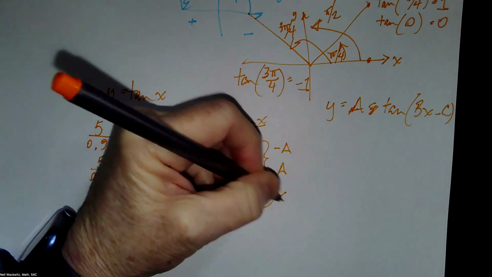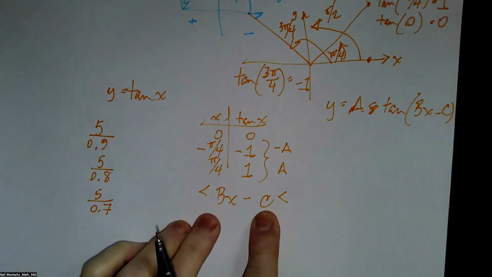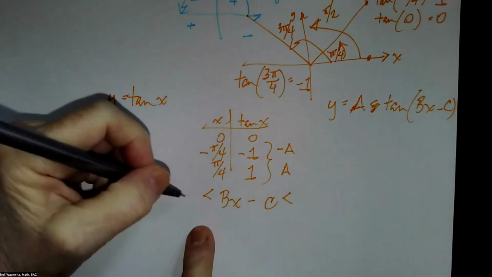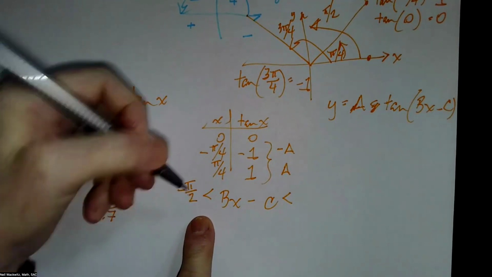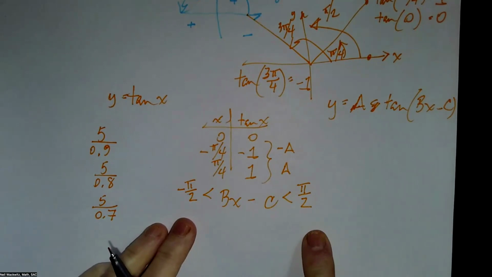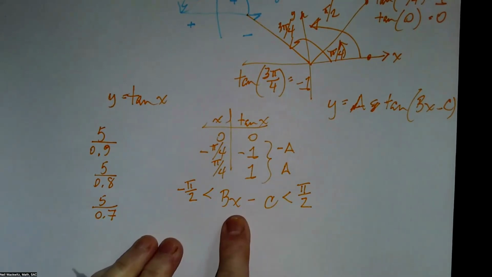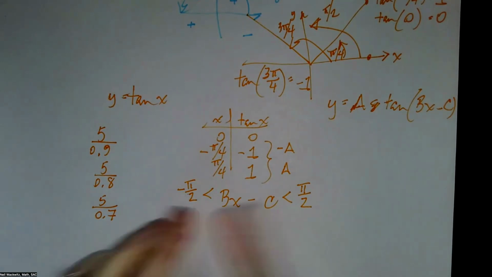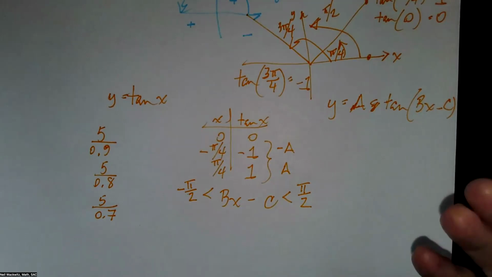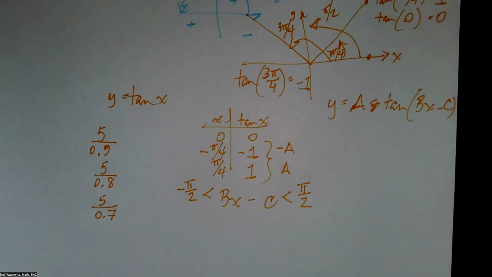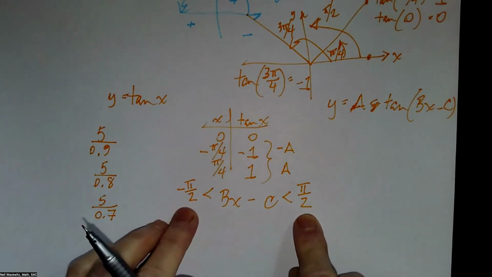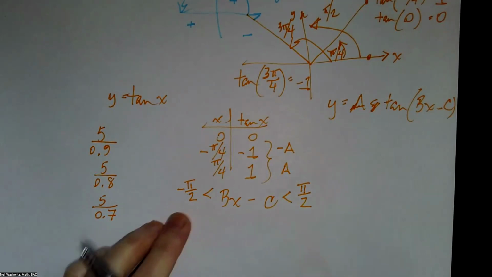And what we're going to do is sandwich this between its two closest asymptotes, negative pi over 2 and positive pi over 2. And we want to find any x that has that property. Well, we're going to add c and divide by b, right? And that will give us two new adjacent vertical asymptotes.